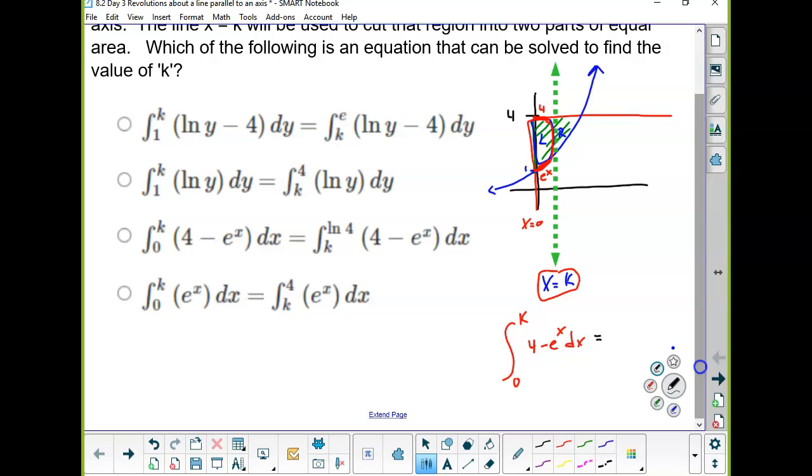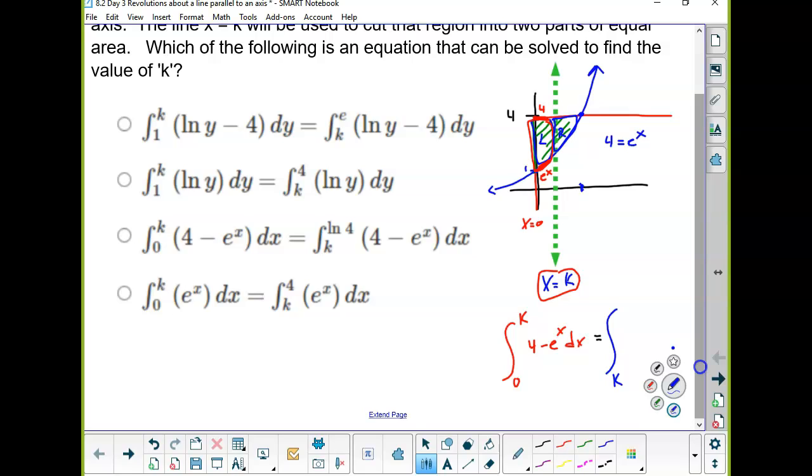And that left area has to equal the area on the right. Well, where does the area on the right start? Right here at k. And where does it end? I'm going to be careful here. It's when 4 is equal to e to the x.